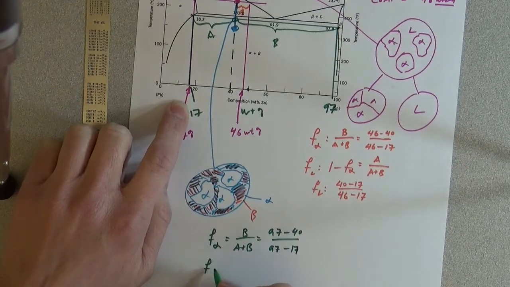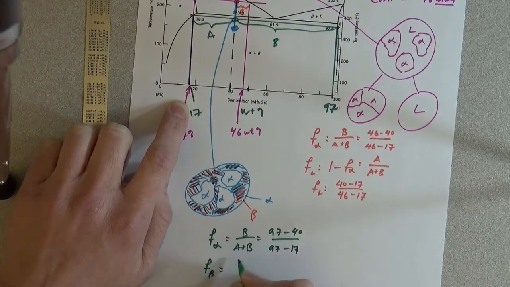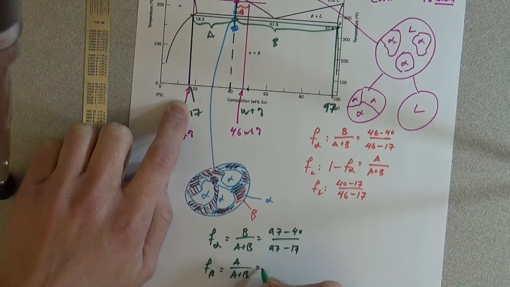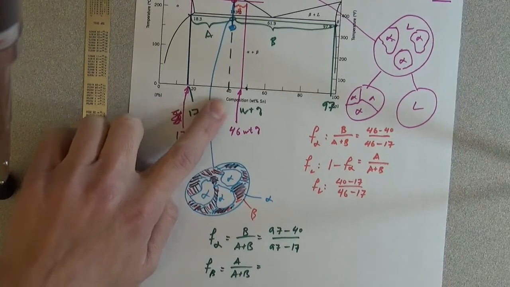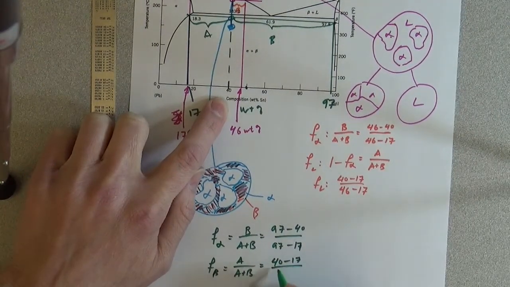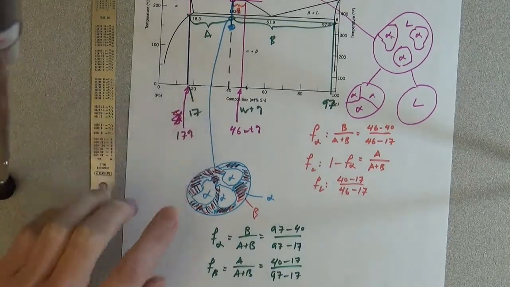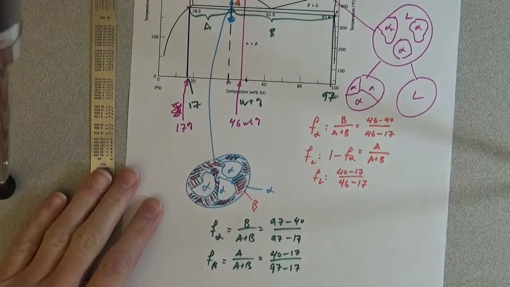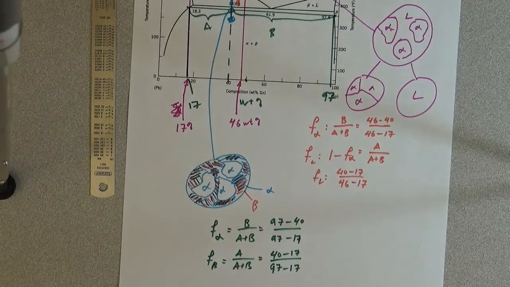And then the phase fraction of beta is A divided by A plus B, which is equal to 40 minus 17 divided by 97 minus 17. So we've got the phase fractions, and now, another piece of paper.